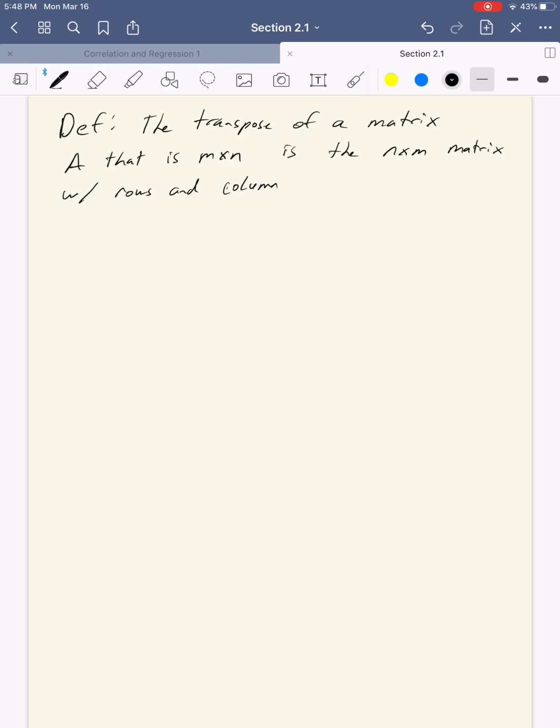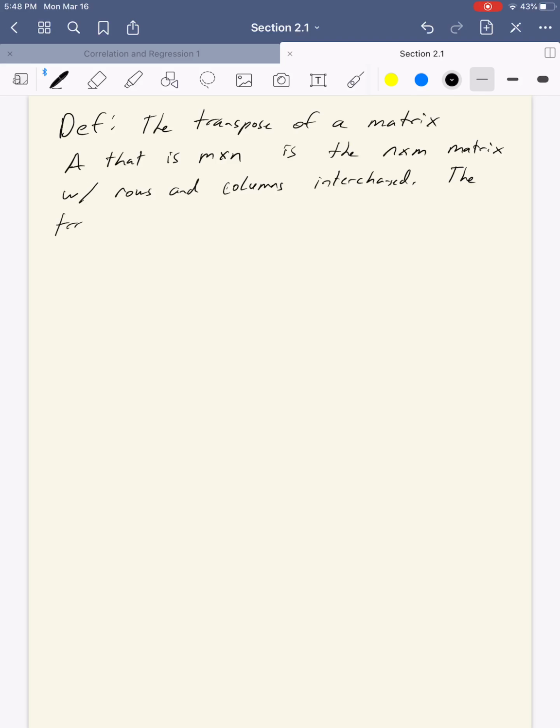Definition. The transpose of a matrix A that is m by n is the n by m matrix with rows and columns interchanged.